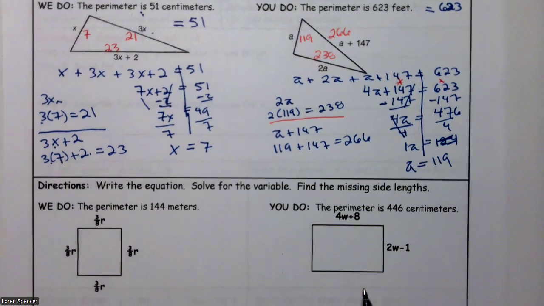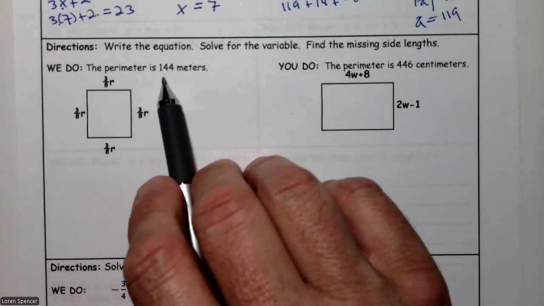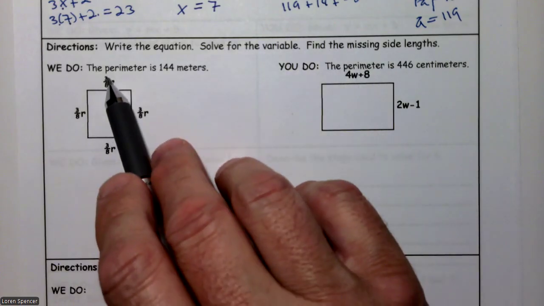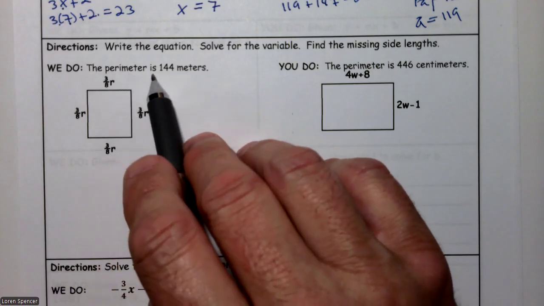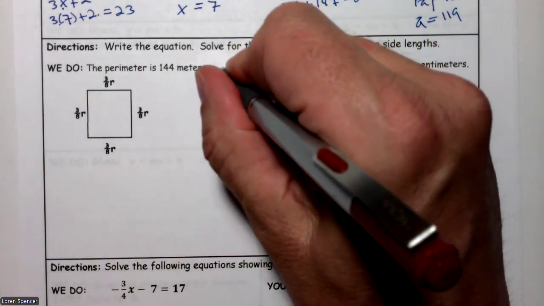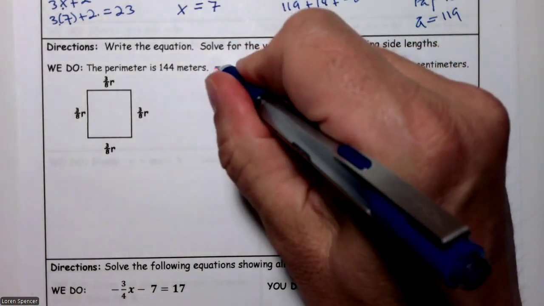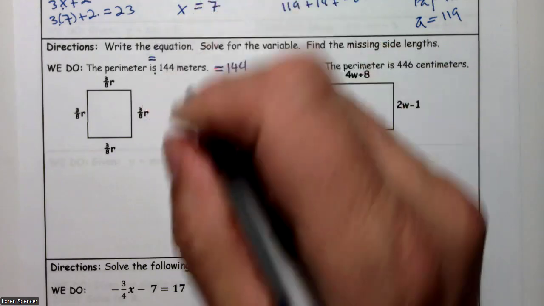All right, we have two more questions like this. Write the equation, solve for the variable, and find the missing side lengths. But here we have fractions, and we don't like that. The perimeter is 144, so we know the perimeter equals 144, because "is" means equal.